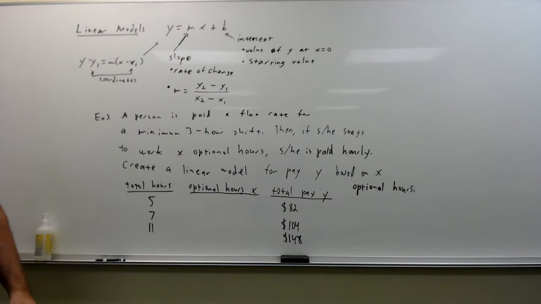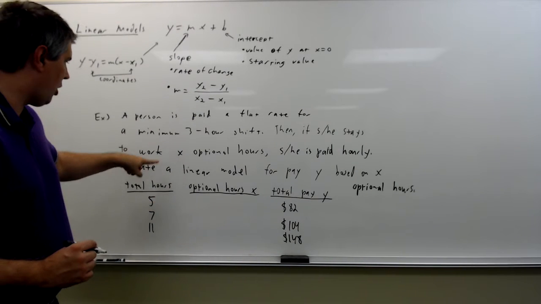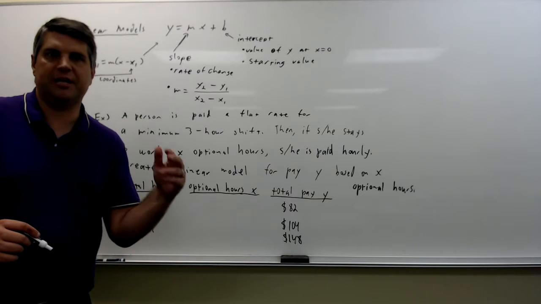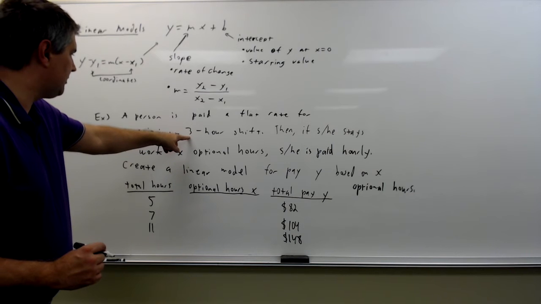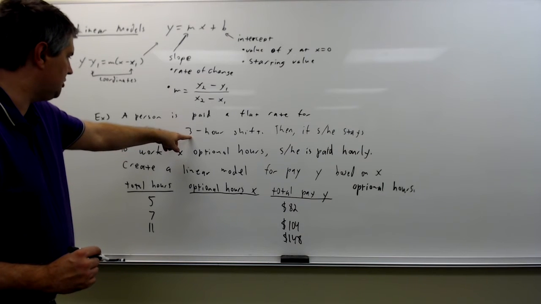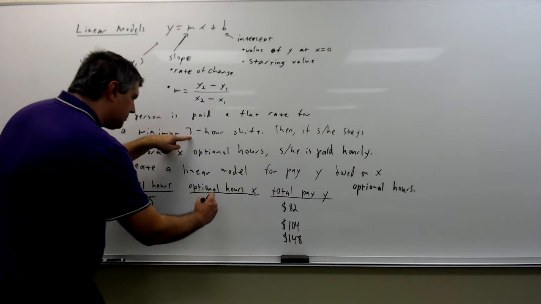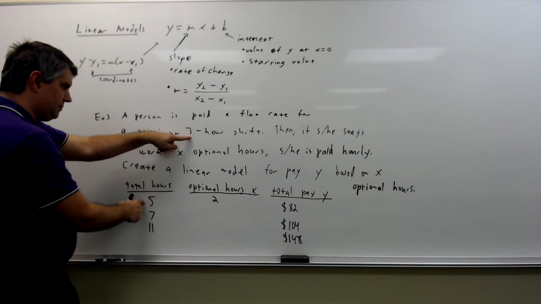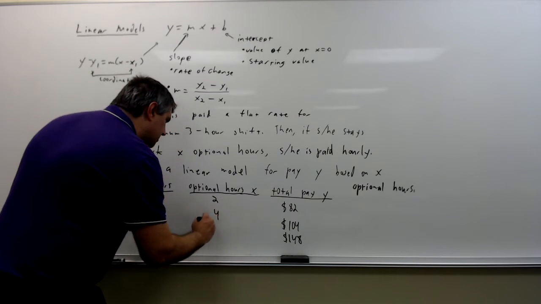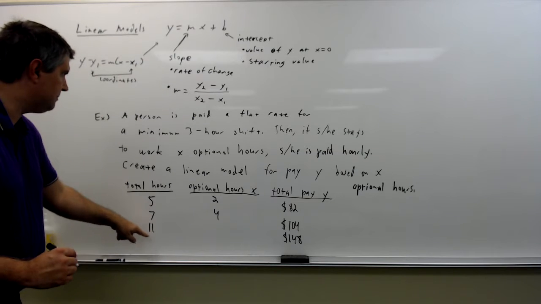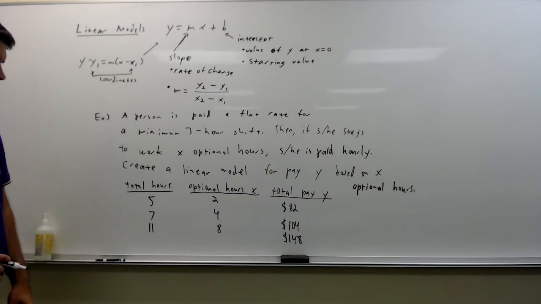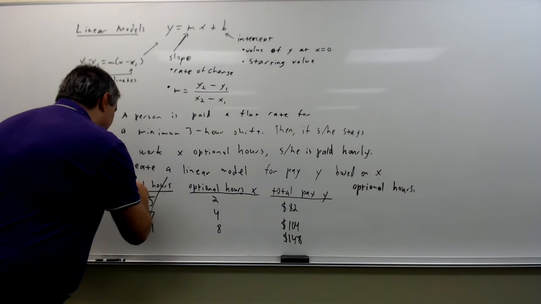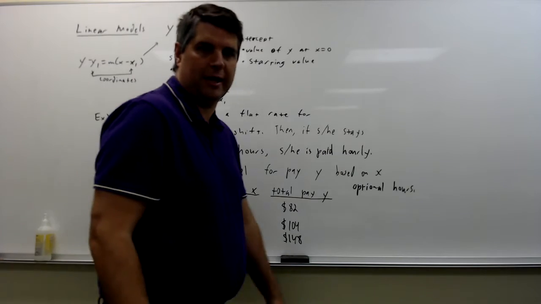Okay. Now, I'm not basing my model on how many total hours are paid. I'm interested in a linear model based on X optional hours. So since this includes a 3-hour minimum shift, that leaves 2 optional hours. This leaves 4 optional hours, and this means 8 optional hours. So this isn't going to be part of the linear model question.